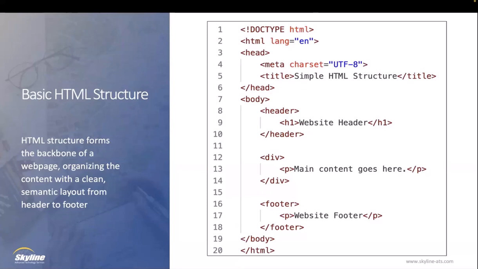But generally, this section is for metadata or things that are not going to be directly displayed in your page. The body notably contains header, footer, and everything in between that is generally considered the content of your page.